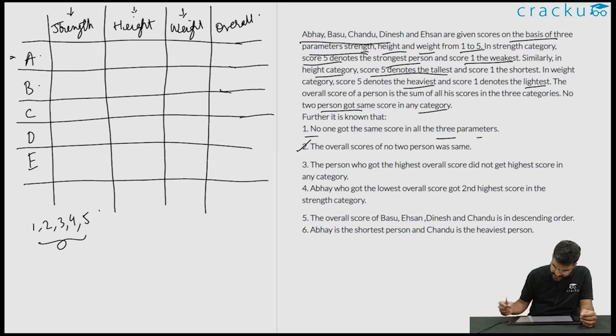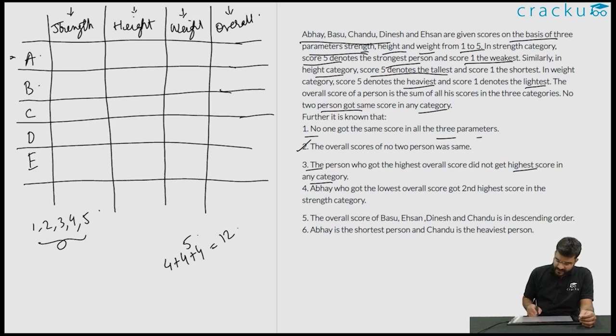It is also given that the overall scores of no two persons are the same. That is, the overall scores are again unique. The person who got the highest overall score did not score the highest score in any category. So if you are looking to find out what is the highest overall score, if that person hasn't scored 5 in any of the categories, his highest score will be 4 plus 4 plus 4, which is equal to 12.